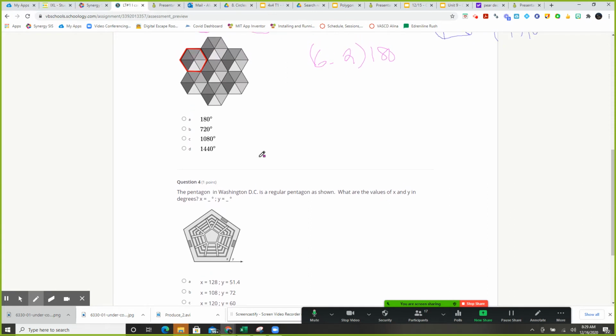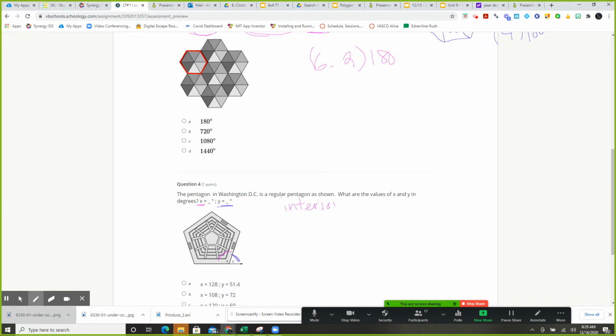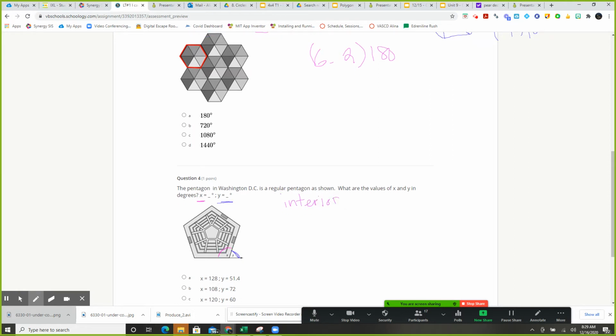So what would I do for the pentagon? I want the interior angle measure, that's X, and then the exterior angle, that's Y. So how do I find interior? Same way?